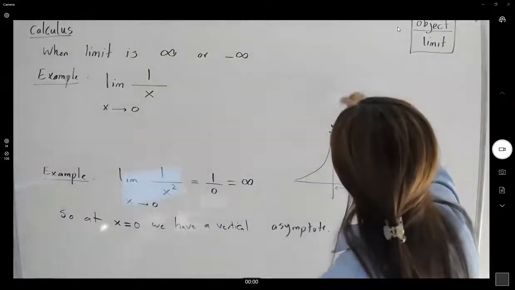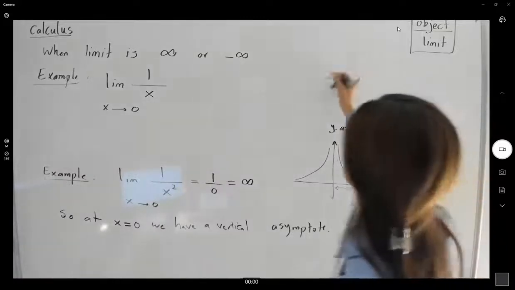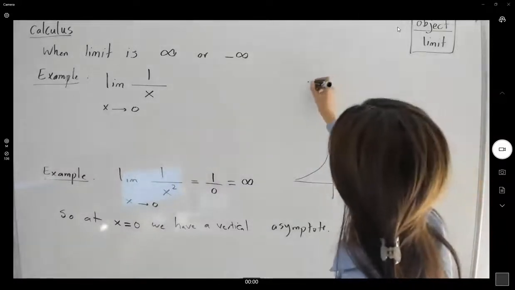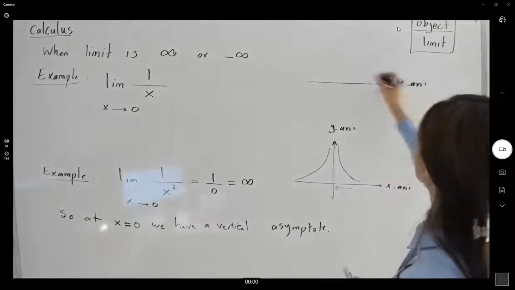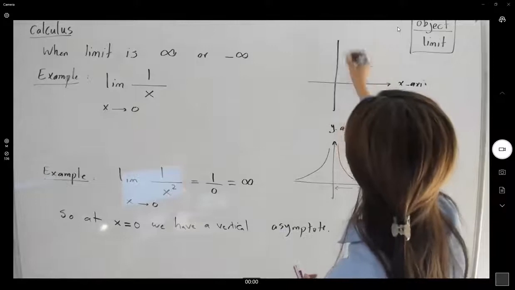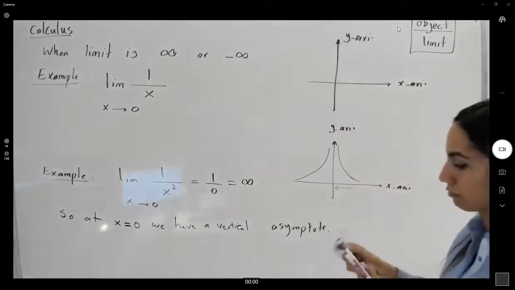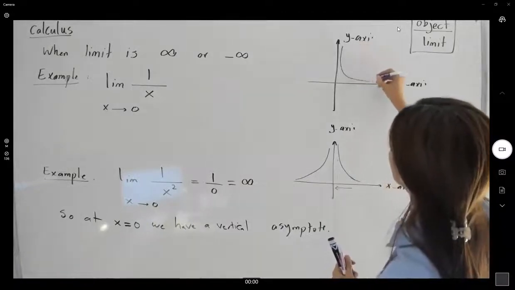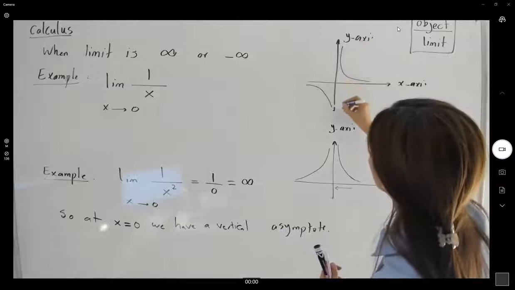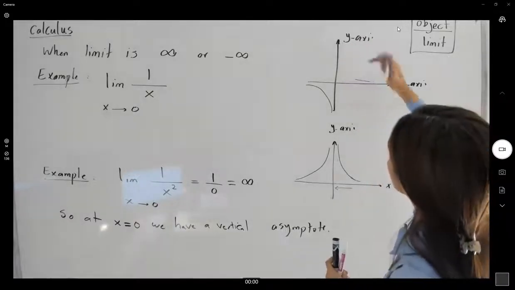We're going to visualize this guy. What's going on? Here we have x-axis. Then we have our y-axis. And remember the graph. The graph is like this. We have the inverse function.